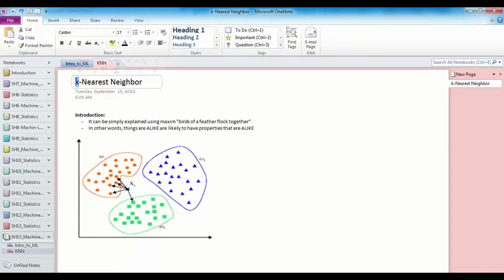Xn, what you see in the middle, is a new data point that I need to classify. How can I classify it? I'm going to compare the characteristics of my new data point with my existing data points. How many data points? 5. For now we say 5, and I'm going to explain how you can optimally find the k value.